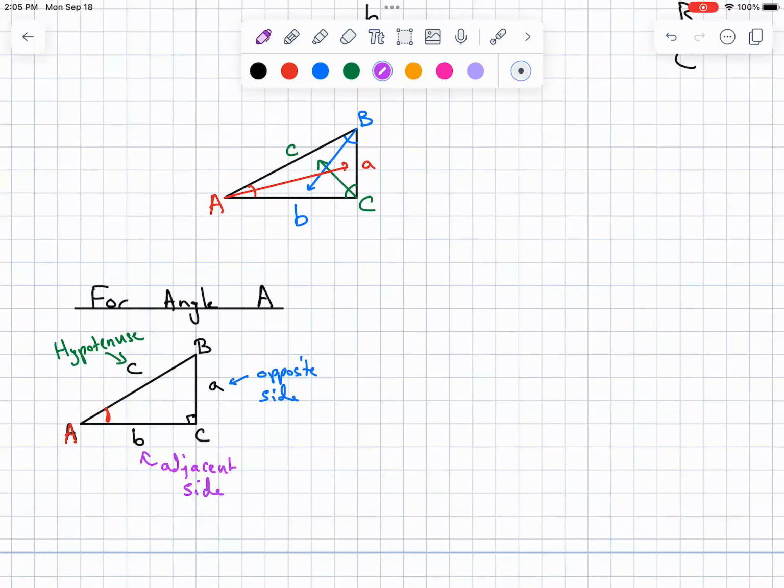So the adjacent side to angle A is lowercase b. Whereas for angle B, I don't think it's drawn the same, but it doesn't matter.